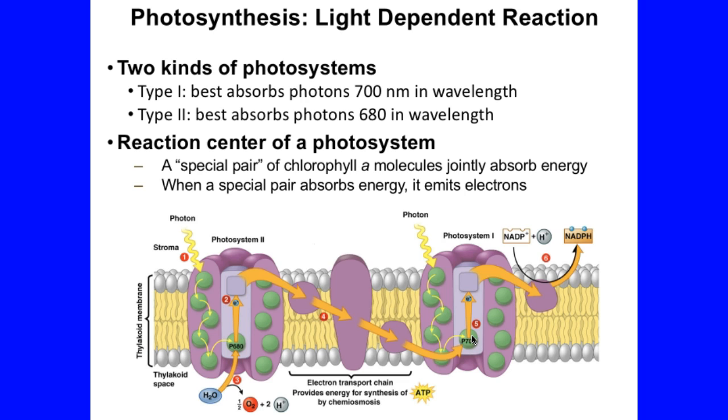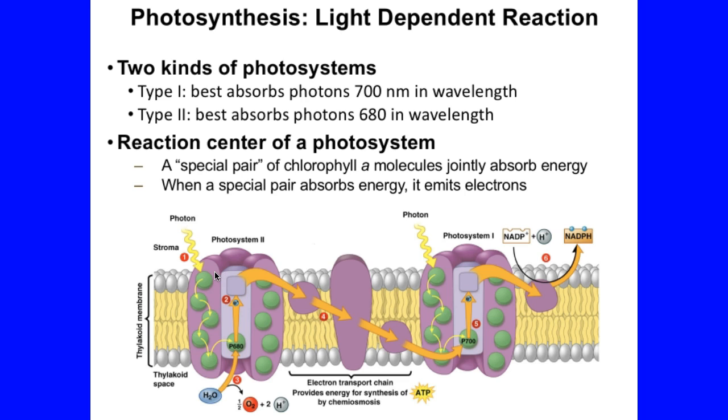Something you want to notate about the light-dependent reaction is what's going in and what's coming out of this portion. One thing that came into the reaction is water. Another thing that had to come in for this to occur is light energy. So we had water and light energy.